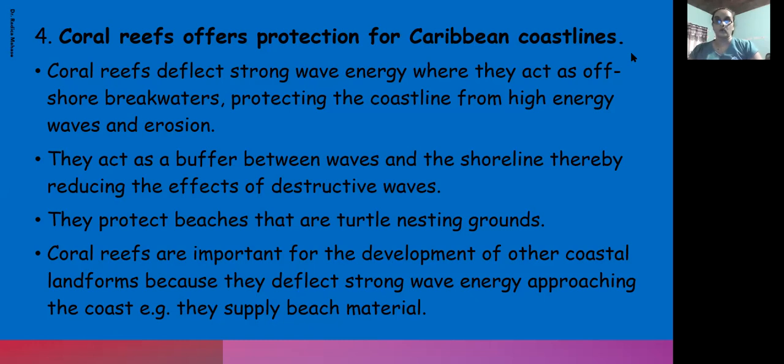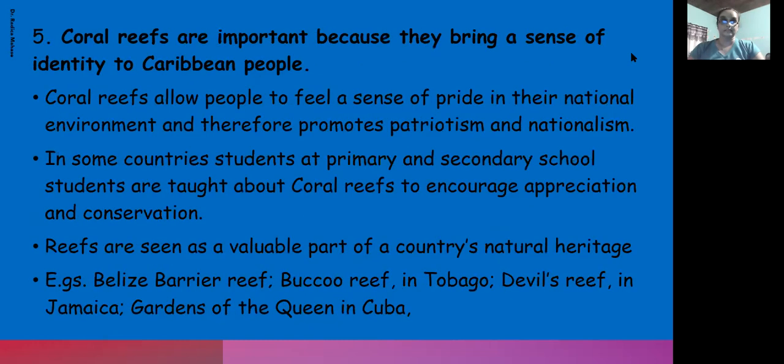You have waves, you have the shore, and you have these corals there that act as a buffer between the two, thereby making sure that high energy waves don't hit the shoreline directly, and therefore prevents destruction of the shoreline. Okay, so we're talking about that. Coral reefs offer protection for Caribbean coastlines.